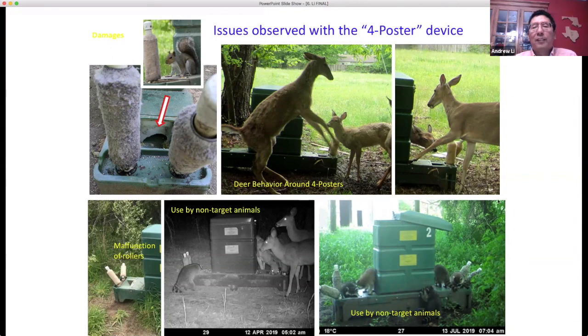Also, we have observed a change in animal behavior around the fall poacher. When there's a dominant animal, it will try to keep others from accessing the corn from a fall poacher. So yes, definitely there are some issues with the fall poacher, but our biggest concern is the amount of corn we use.